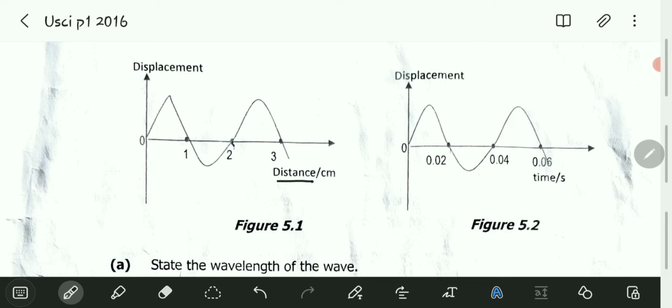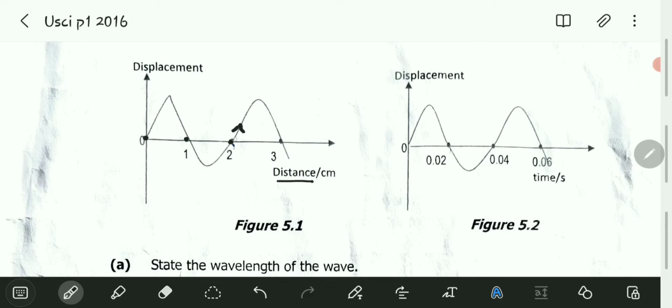To find the distance between two successive points, the wave is starting from here at 0, and when it reaches 1 here, one wave has not yet been done, it is half a wave. When it reaches 2, it's starting again.